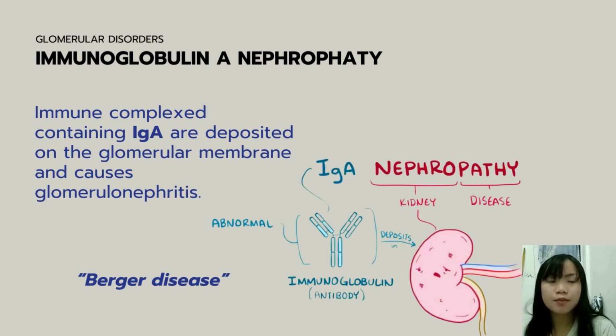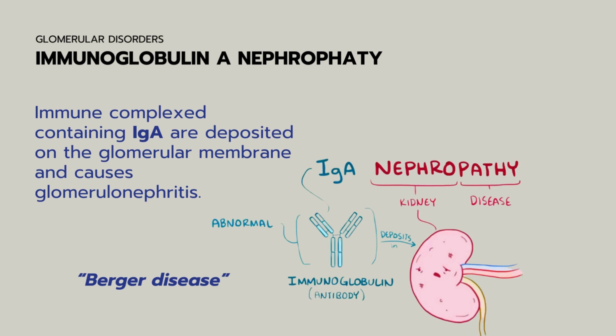So, nagkakaroon tayo ng iba't ibang symptoms such as oliguria or yung pagkakaroon ng lesser na pag-produce ng urine dahil nga meron tayong blockage sa glomerular filtrate.